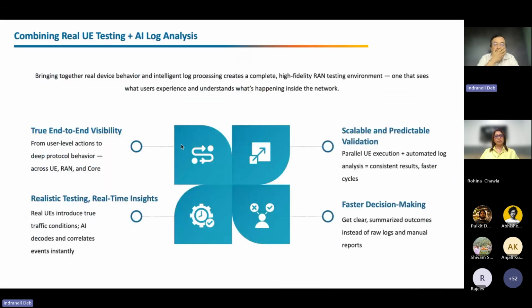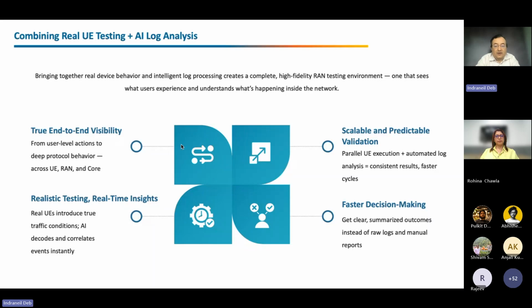Now, a combination of these two aspects, the AI-assisted log analysis and the usage of real devices, also helps address some of the challenges in RAN testing with respect to automation.